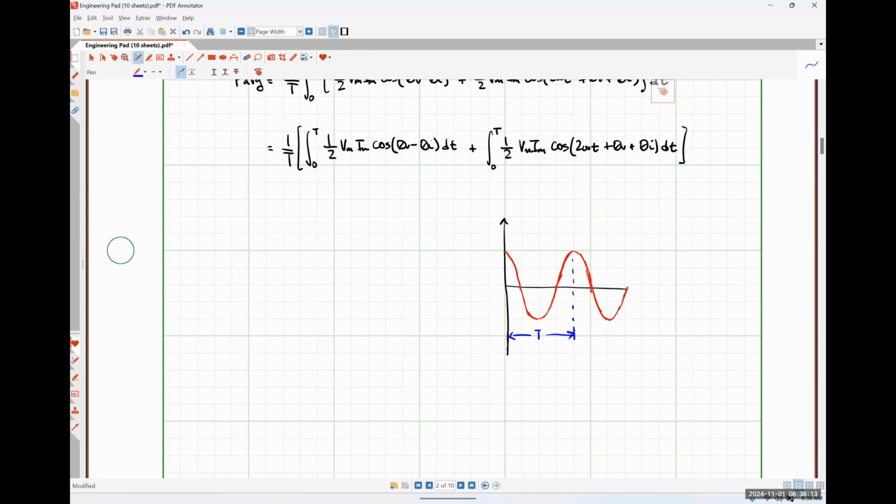Because exactly half of the time it's above the x-axis and exactly half of the time it's below the x-axis. So those areas under the curve cancel each other out. Effectively, this area plus this area is exactly canceled out by that area underneath. So this whole integral is just 0.